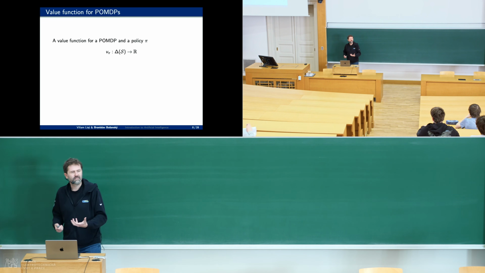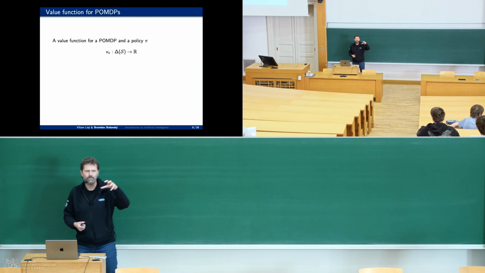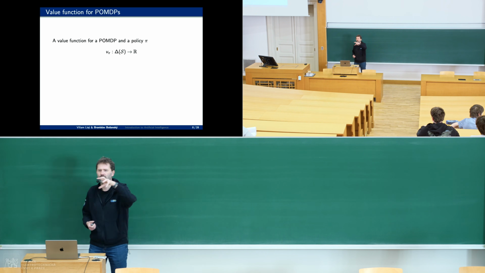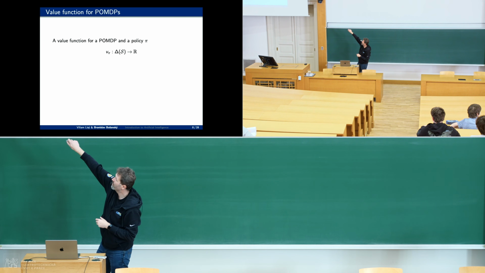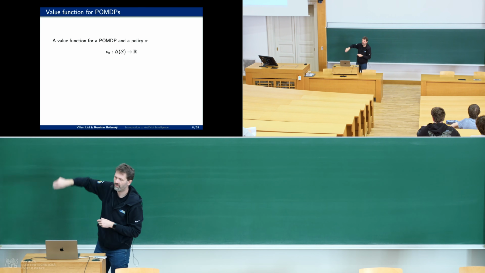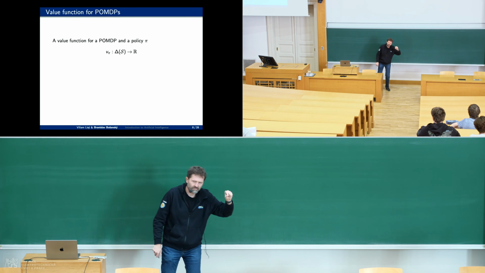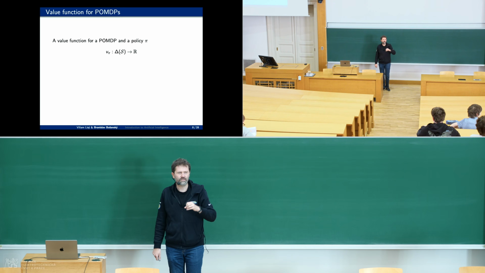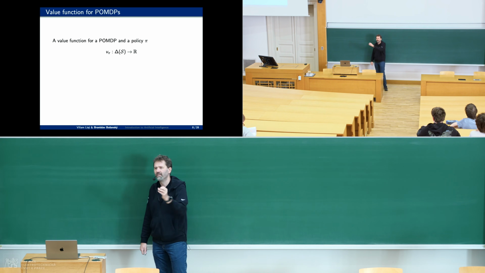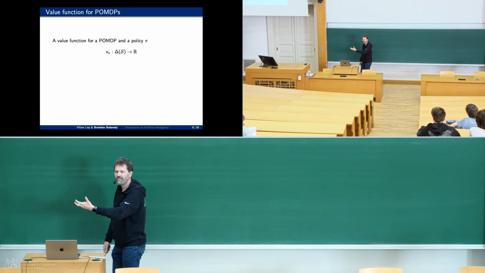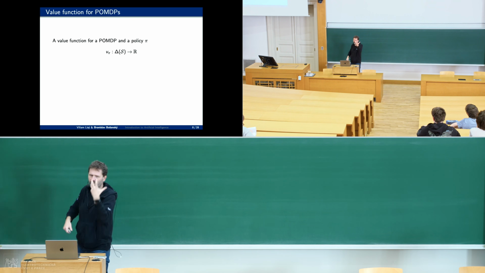So instead of looking for a value function that was a mapping from states to rewards, for POMDPs we have a mapping from beliefs to rewards, right? So from some probability distribution, for example 50-50 or 49-51, for some policy we can have expected reward and we can have a value.